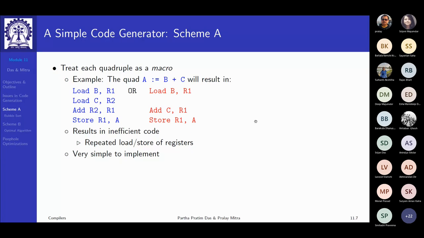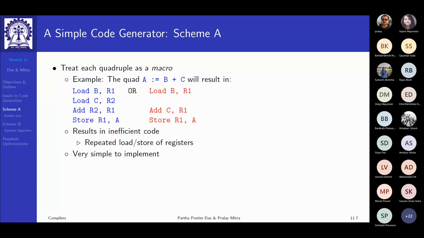Now, you will understand that when we do a sequence of computation in the quad array, we will often use the values that have been recently defined, or we may be continuing to use a particular variable multiple times.